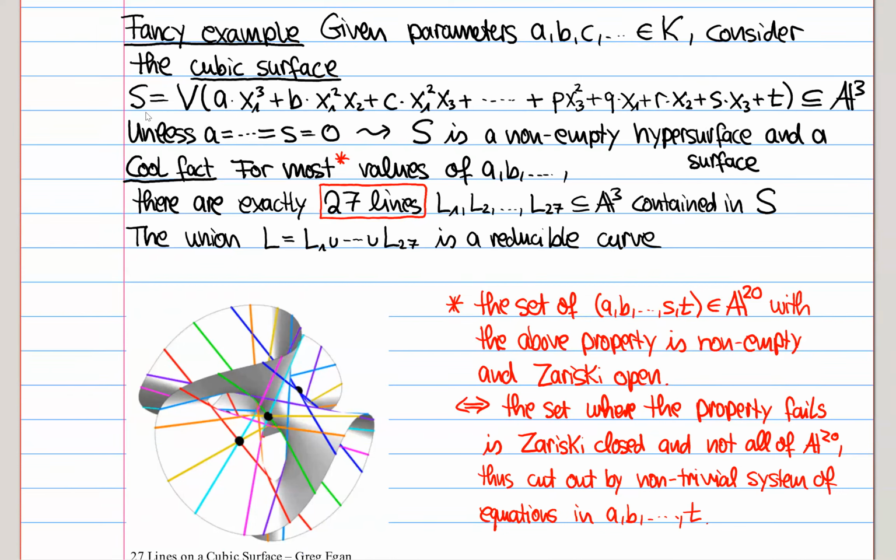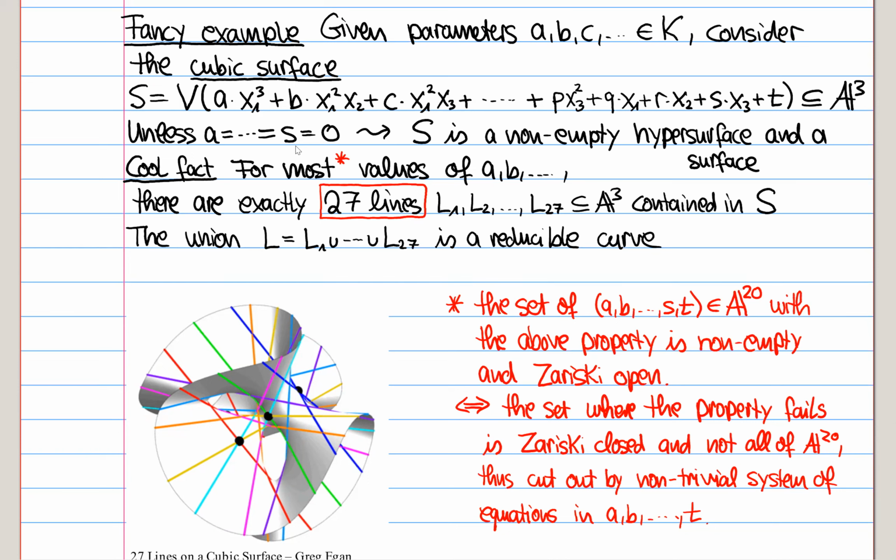We have three-dimensional space, so we have three variables, x1, x2, and x3. And the equation that we want is basically an arbitrary equation of degree 3. And this is called a cubic. And so the entire variety will be called a cubic surface.